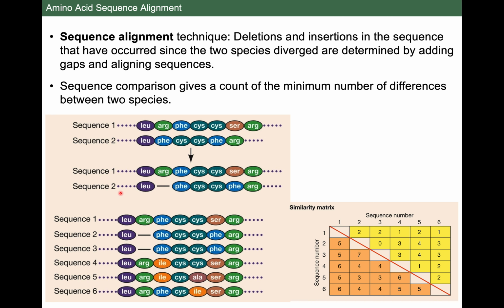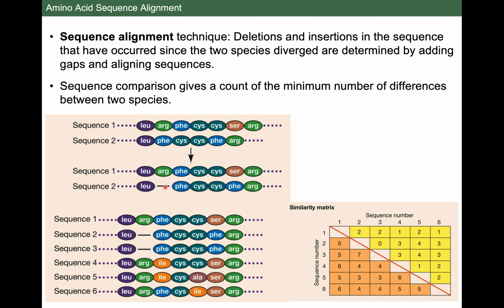So here we see if we just introduce this one gap in sequence two and do the alignment, now all of a sudden everything lines up much better, right? And we can see there's maybe a lot more similarity between these two sequences than we realized. Maybe somewhere along the line, this amino acid sequence from organism 2 actually lost an amino acid.